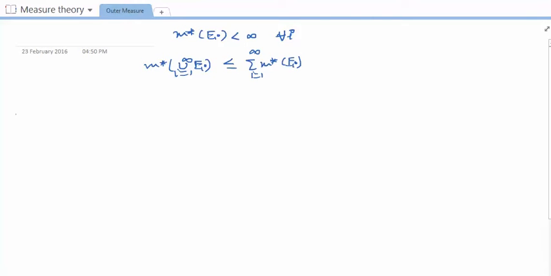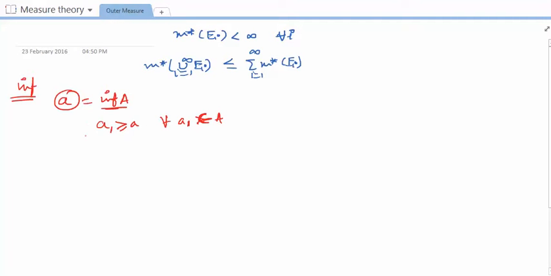Before proving this, you should know the definition of infimum of a set. Suppose a is equal to the infimum of a set A. Then of course a1 is greater than or equal to a for all a1 in A, which means every element of the set A is greater than or equal to a.